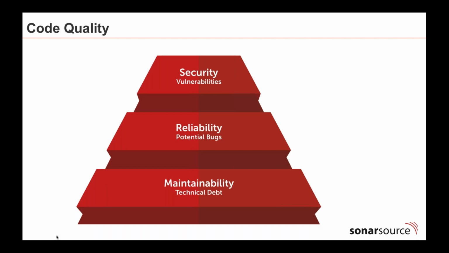The last one is security vulnerability, where we try to detect ways of using an application in a different way than what it was designed for. So this is really what we call code quality at SonarSource. Next slide, please.